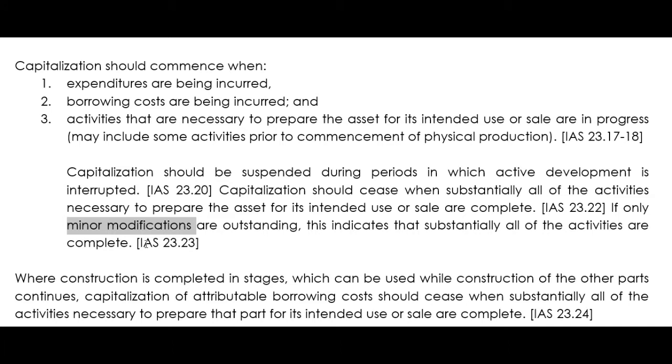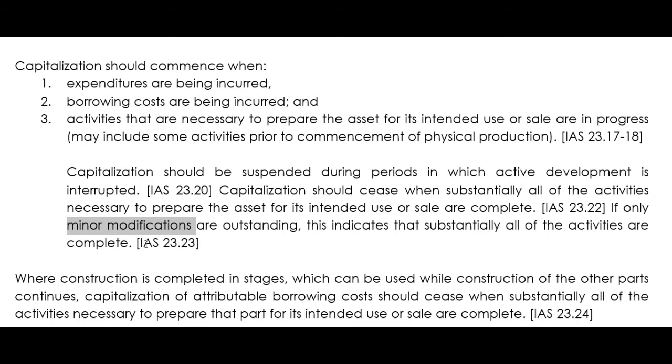For me, this is basically going to be your guide. If you can still use the asset without major hassle or major interruptions, and you only have a few things to do. Like, for example, the asset is ready, and you just have the paint color changed because you didn't like the color. You're only changing the paint color, so it's only a minor modification.